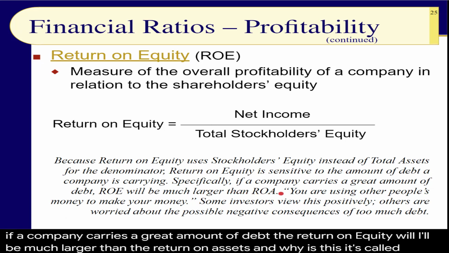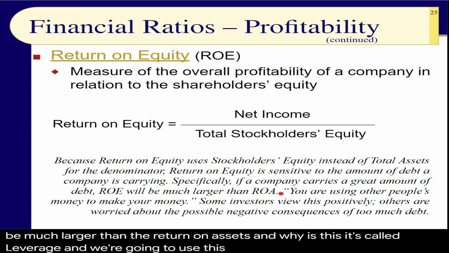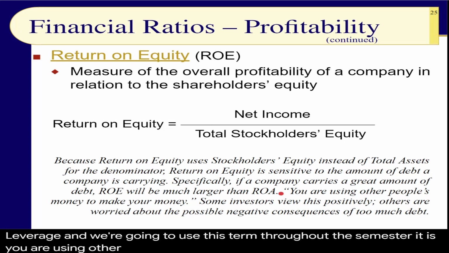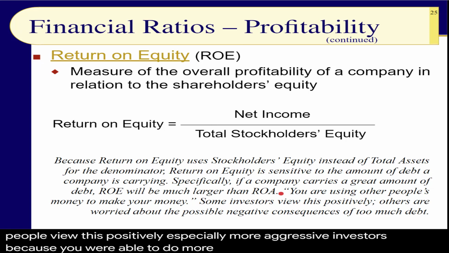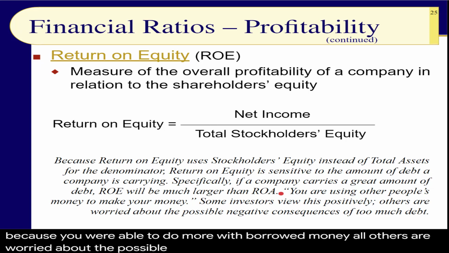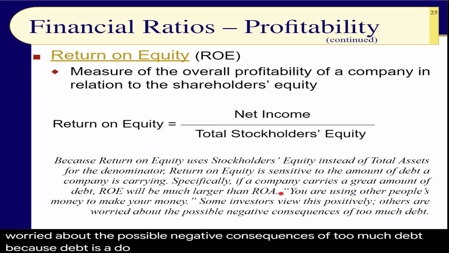It's called leverage. And we're going to use this term throughout the semester. It is using other people's money to make your money. Now, some people view this positively, especially more aggressive investors, because you were able to do more with borrowed money. Others are worried about the possible negative consequences of too much debt, because debt is a double-edged sword.